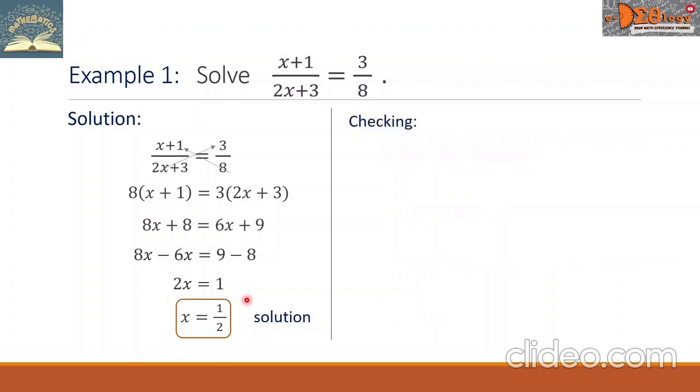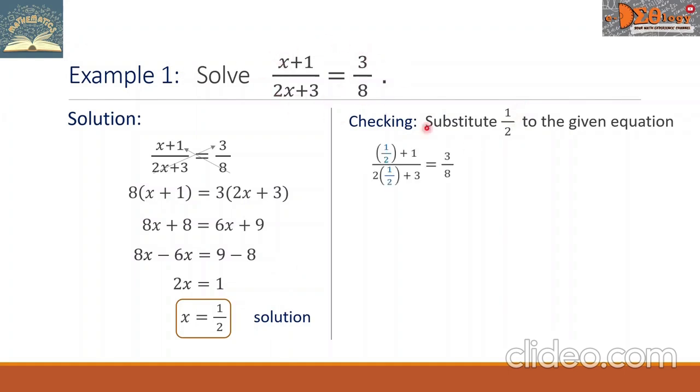Now to check if our answer is correct, we substitute the value 1/2 for every x in our equation. So it becomes like this. Then we simplify and check if the left side is equal to the right side value. Let's simplify 1/2 plus 1. Let us show this one to be a fraction of the same denominator.